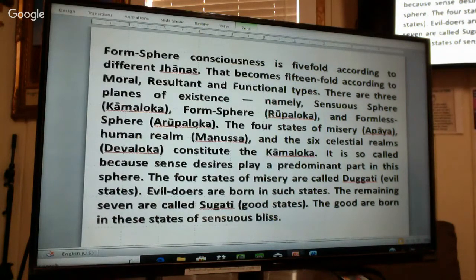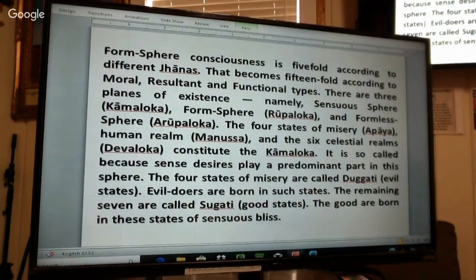If the Arahant or the Buddha practices Rupa jhana, at that time their mind is only functional, not wholesome, kusala, and not resultant. Resultant we call vipaka in Pali.